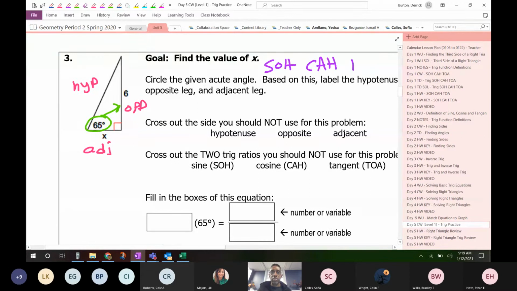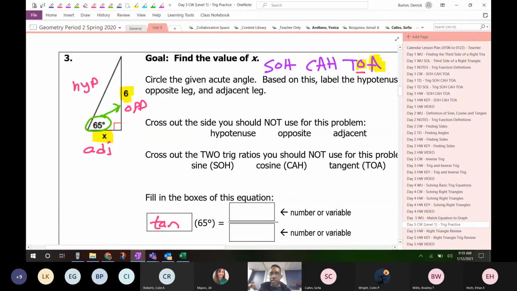How does it tell us? Because of the sides. We're looking for x. We're given 6. These are the two sides we're dealing with. That's opposite and adjacent. That's your tangent function. So that tells us that we're going to go tangent.